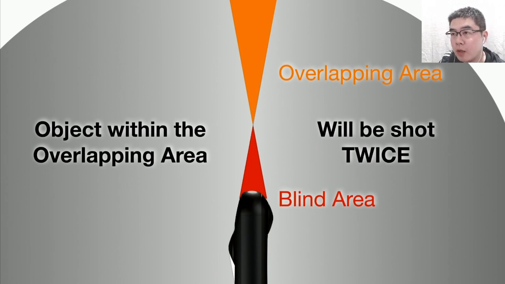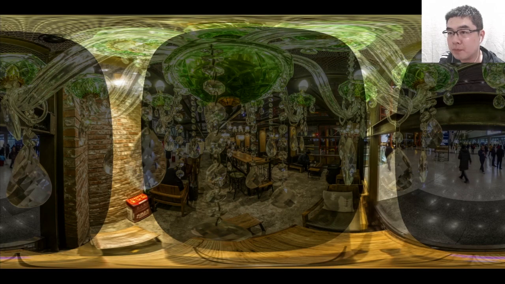But every object within the orange triangle will be shot twice. So that is exactly the secret: you can take advantage of these overlapping areas to get rid of the stitching line. That is all the basis of our trick.